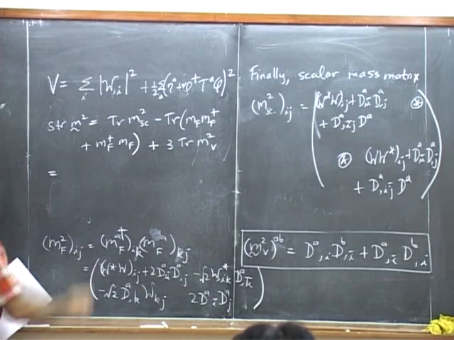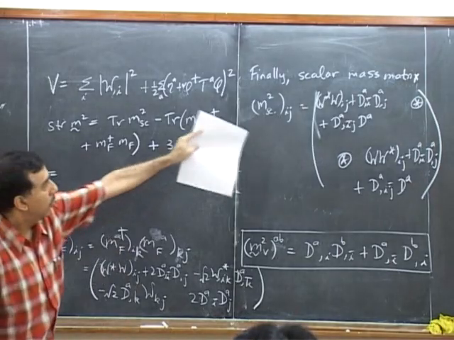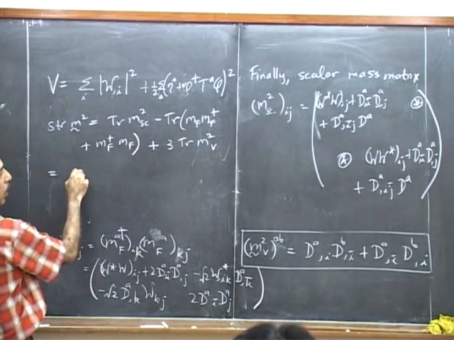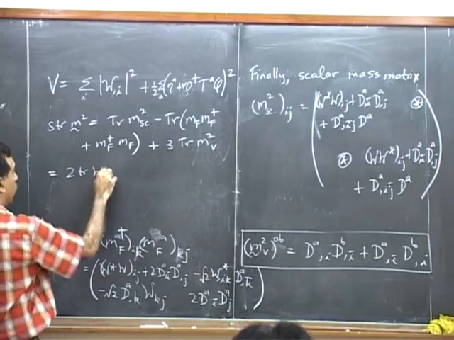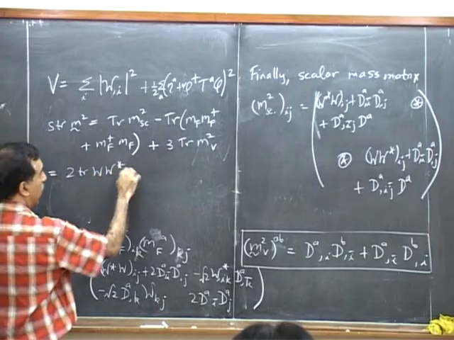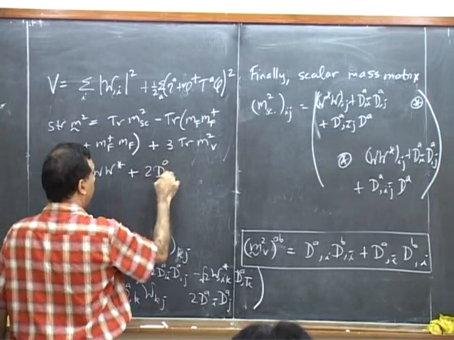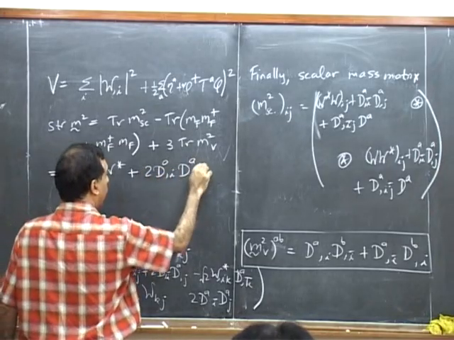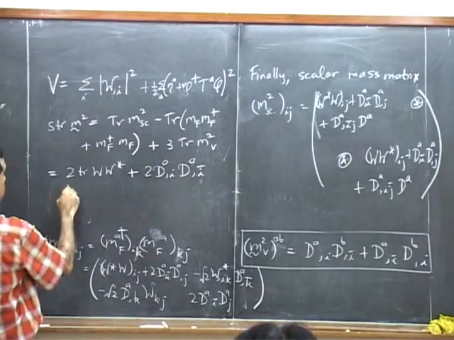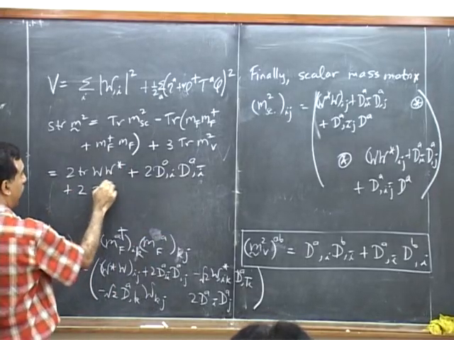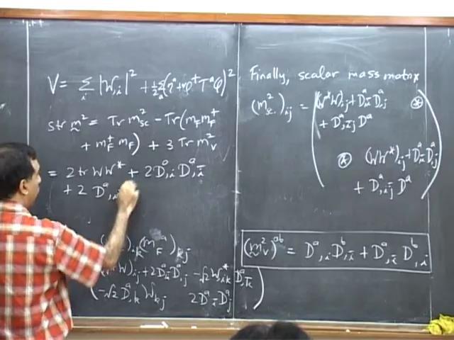So that contribution gives me 2 trace W star plus 2 dA I bar plus 2 dA I bar dA.